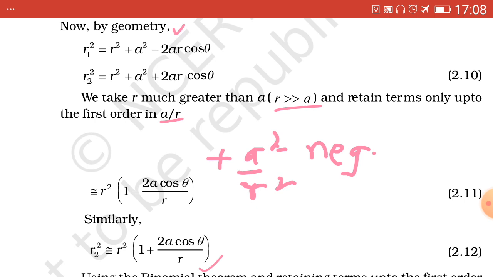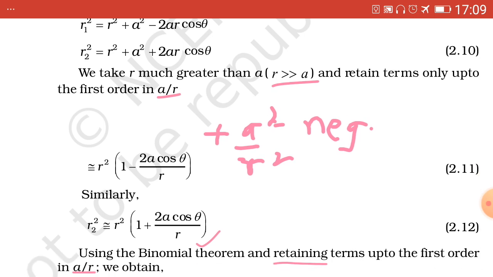Therefore, r1 square equals r square into 1 minus 2a cos theta upon r, plus a square upon r square if you consider the higher order terms. This term a square upon r square has to be neglected. When you consider it, r1 square equals r square into bracket 1 minus 2a cos theta upon r plus a square upon r square, bracket over. That third term, a square upon r square, has been neglected, and therefore this is equivalent to r square into 1 minus 2a cos theta upon r.